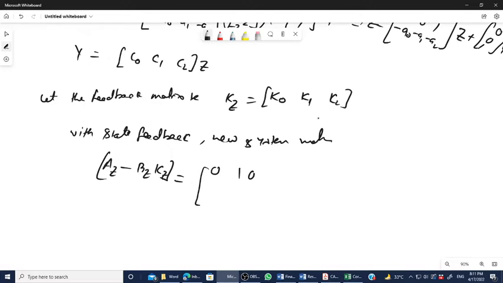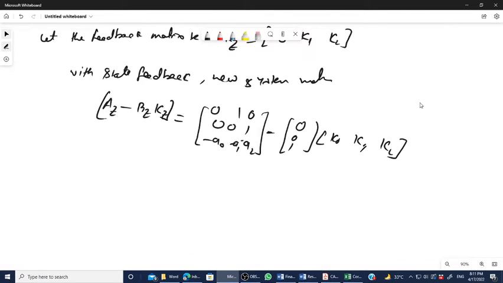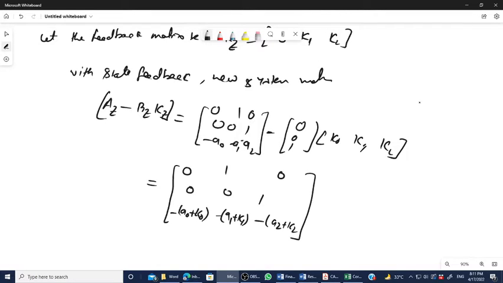This is 0 1 0, 0 0 1, minus a0, minus a1, minus a2, minus 0 0 1 times K0, K1, K2. And when you solve this, 100% you will get this, and that equation is very simple: 0 1 0, 0 0 1, minus of (a0 plus K0), minus of (a1 plus K1) and minus of (a2 plus K2). So this is the matrix.